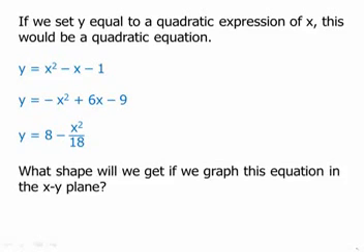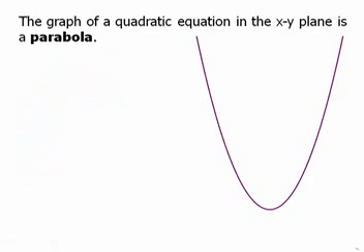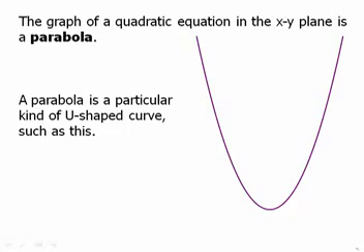Now we can ask, what shape will we get if we graph one of these equations in the xy plane? Very interesting. Well, as you may remember from high school, the graph of a quadratic equation in the xy plane is a shape called a parabola. A parabola is a very particular kind of U-shaped curve such as this. And I'll just point out, not everything U-shaped is a parabola.